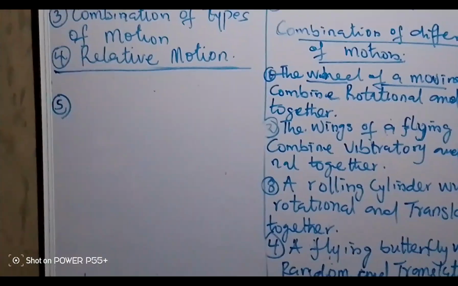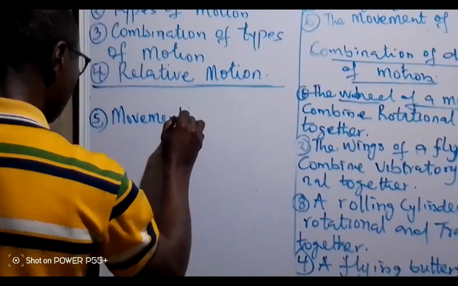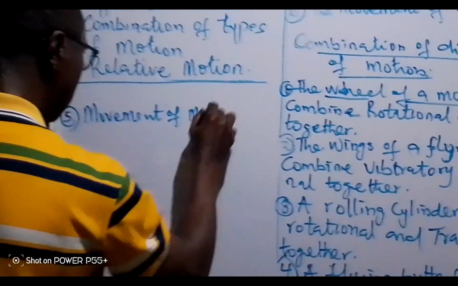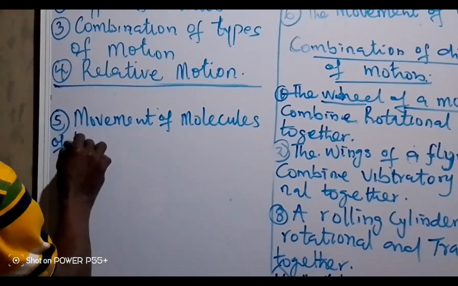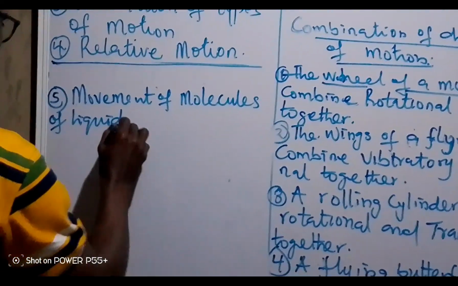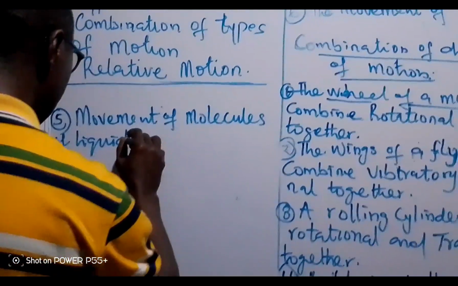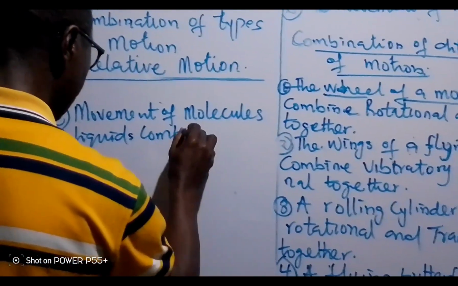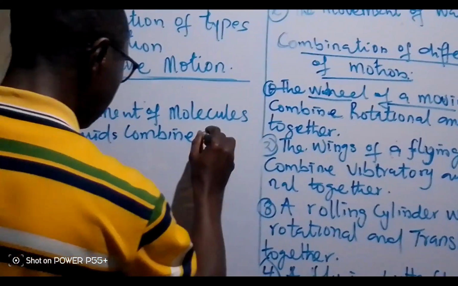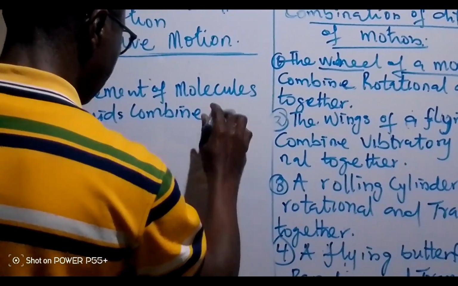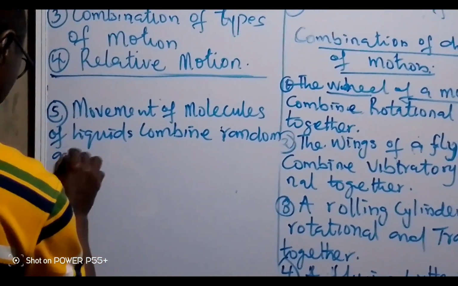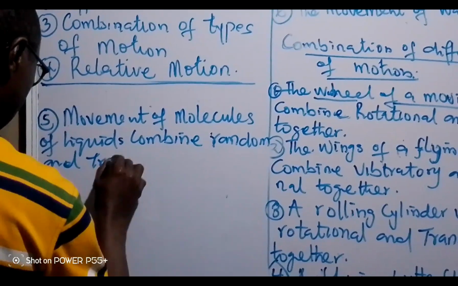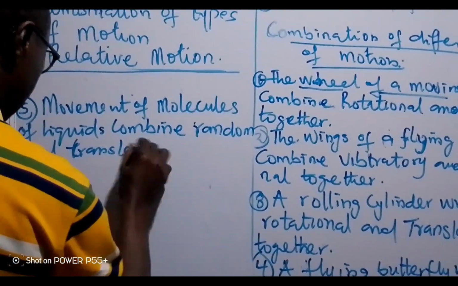Number 5, movement of molecules of liquids combine random and translational motion.